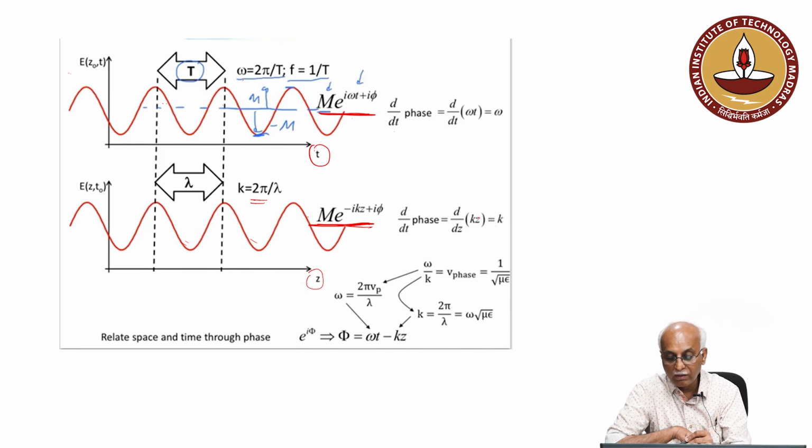This omega divided by k gives us v phase.